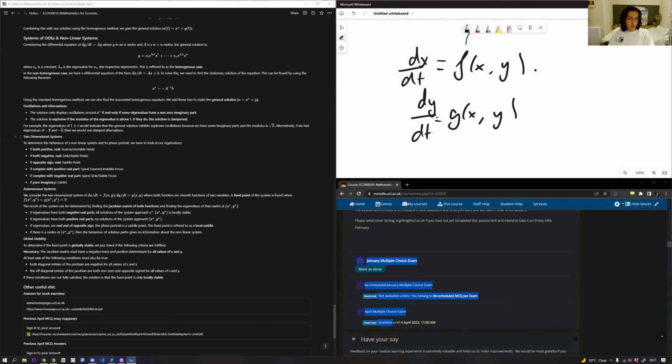A stationary solution allows f(x*,y*) and g(x*,y*) to equal 0 for some specific value of x and y. Normally it is x equals 0, y equals 0, which is why most nonlinear systems have a stable point at the center. But that's pretty much it.